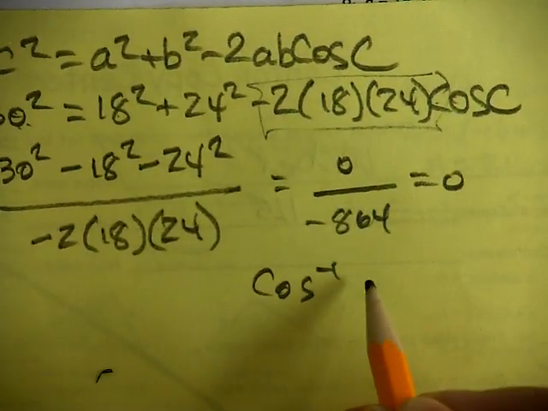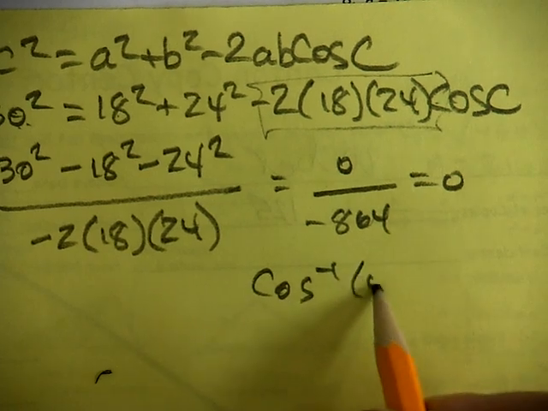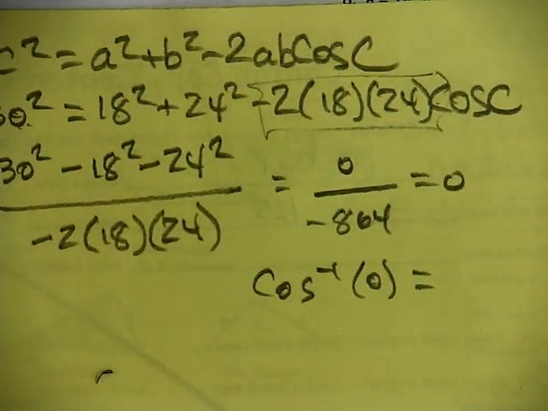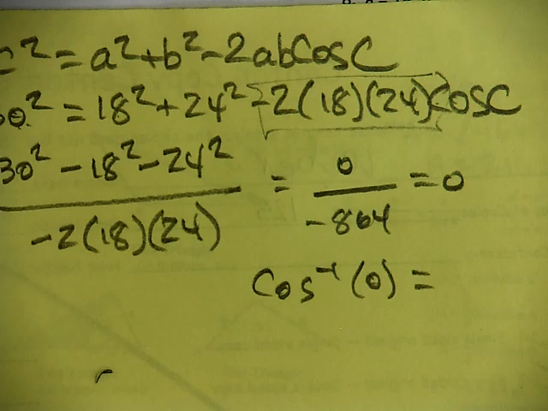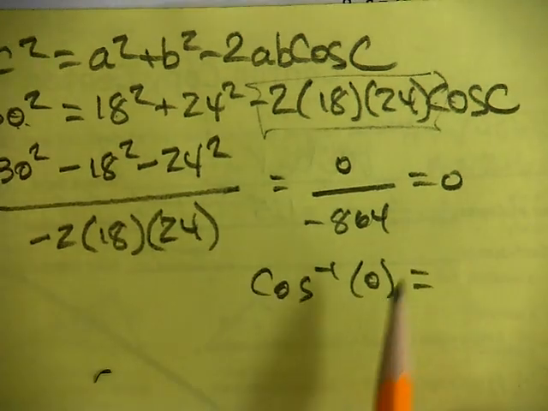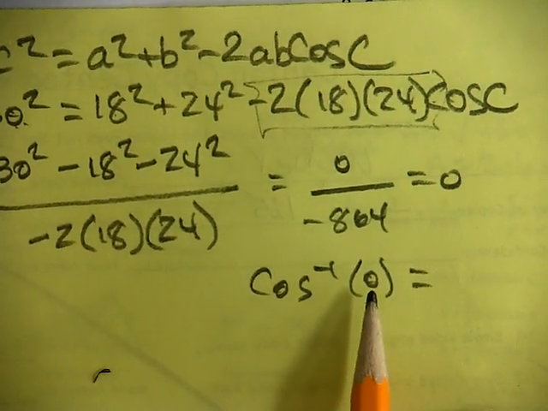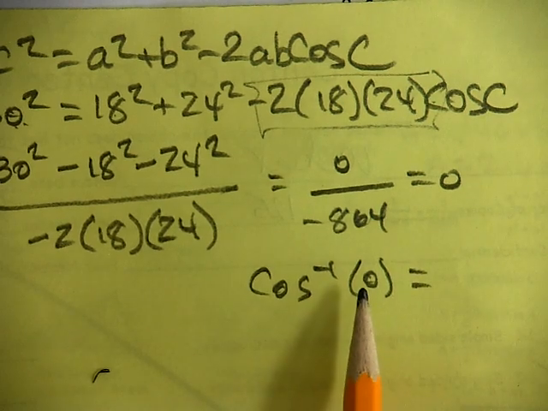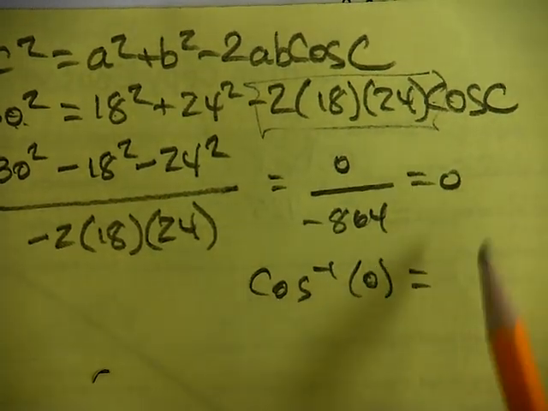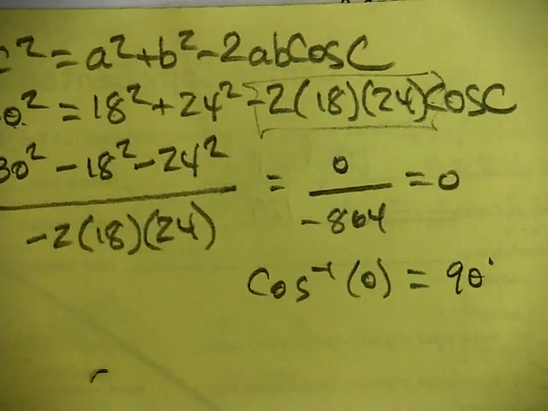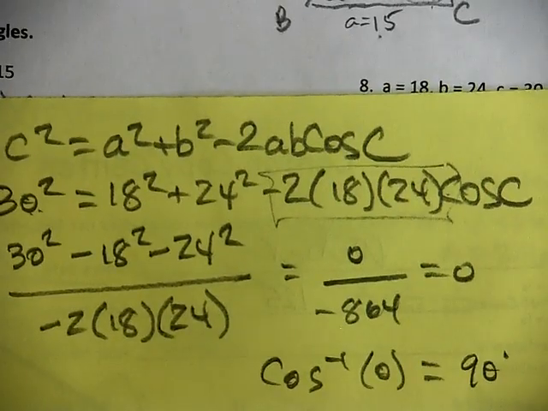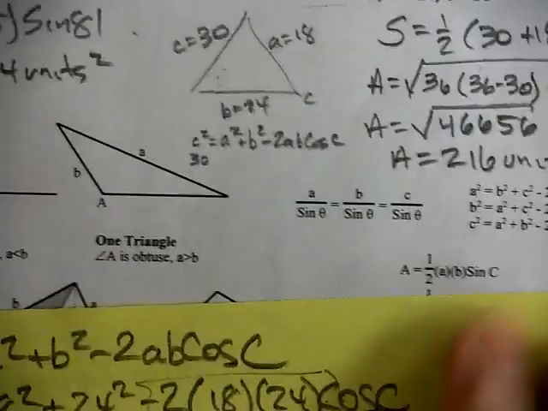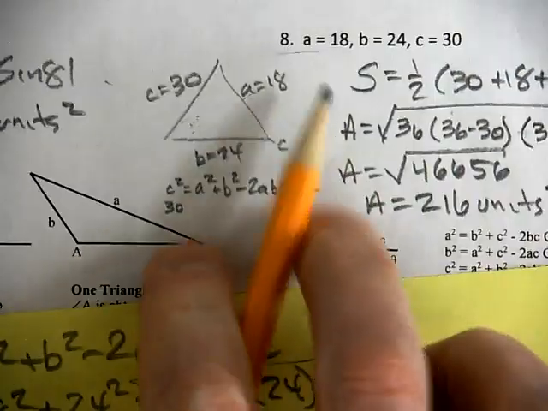And cosine inverse of 0. So if our adjacent over hypotenuse was 0, what angle is 0? It's going to be 90 degrees. So this is actually a right triangle.